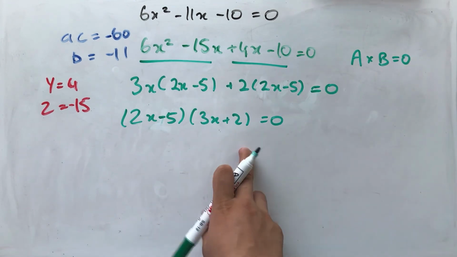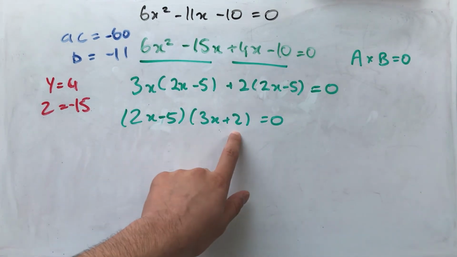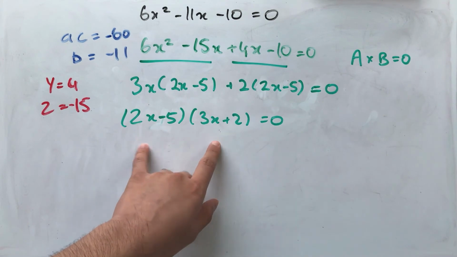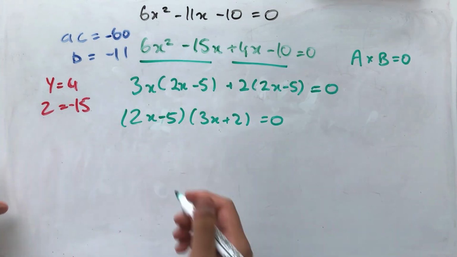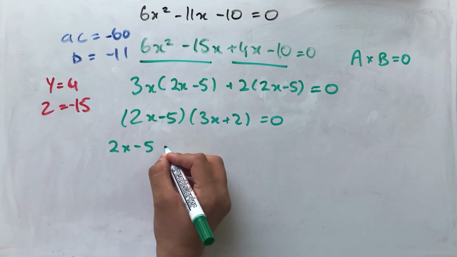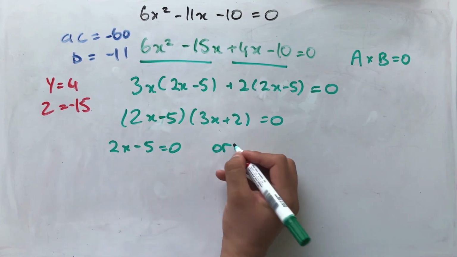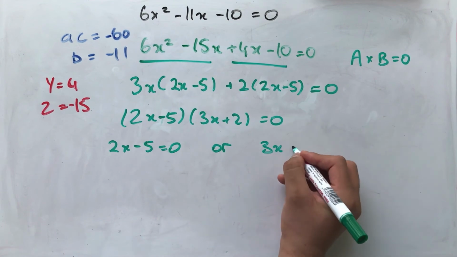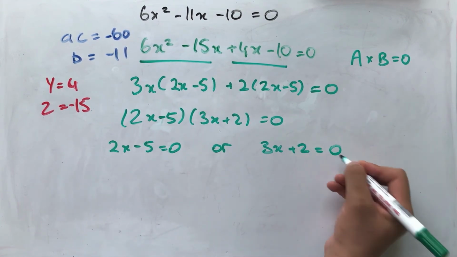We can apply that same concept over here. We know that at least one of these, if not both of them, are equal to 0. So we can say that 2x minus 5 is equal to 0, or 3x plus 2 is equal to 0.